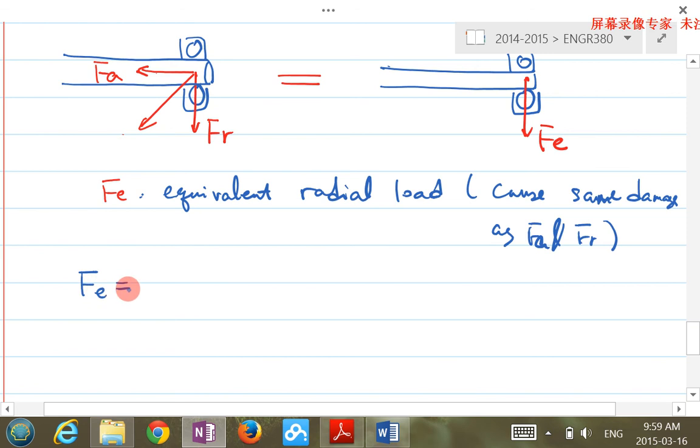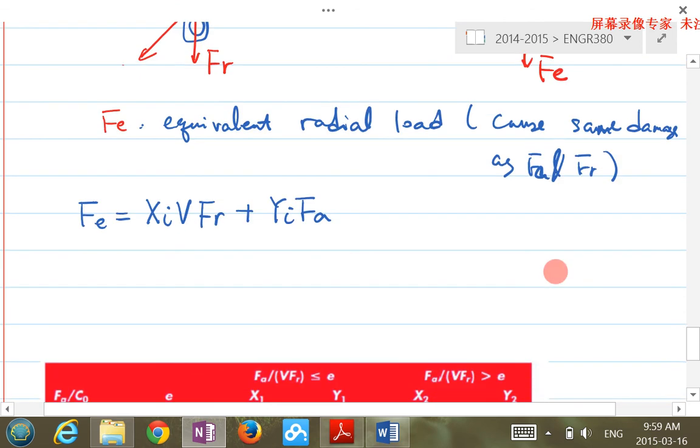So Fe equal to Xi times V times Fr plus Yi times Fa. Okay, so that's your Fe calculation. So let's explain each one of the symbols that are here.